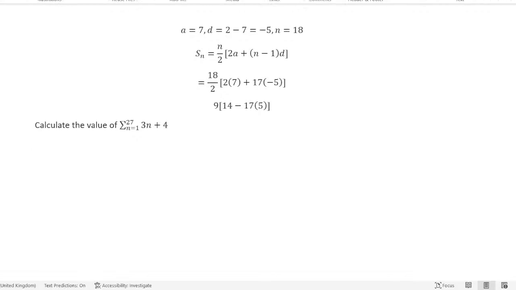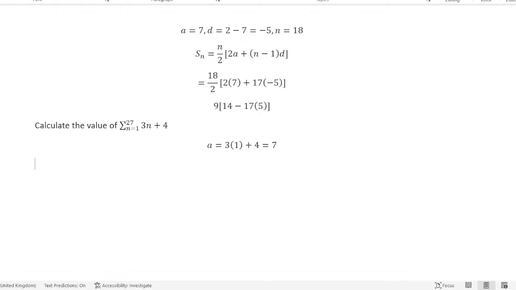Remember, if you want to calculate the first 3 terms, you just substitute n in this expression. So a equals 3 into 1 plus 4, then a equals 7.